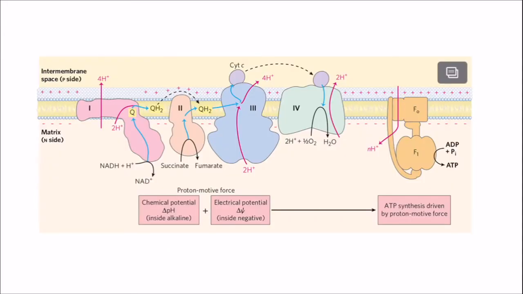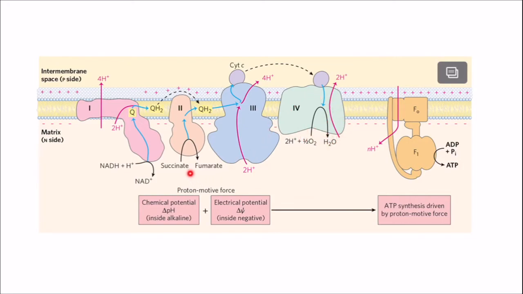When looking at the electron transport chain and what it has done, we see that an NADH molecule has been oxidized and the electrons are transferred into a ubiquinone, which is reduced into a ubiquinol. Now this ubiquinol will go on to complex 3, where it will reduce cytochrome C, and cytochrome C will go on to complex 4, where it will create two water molecules.